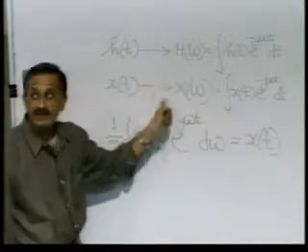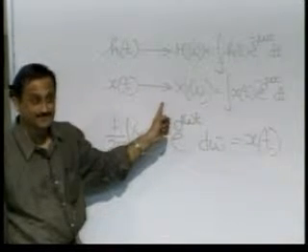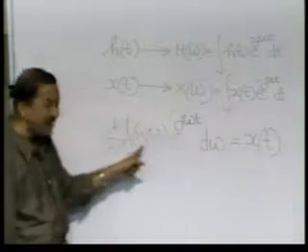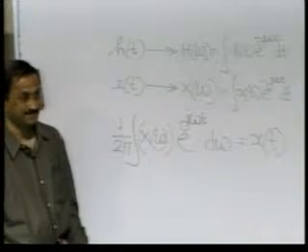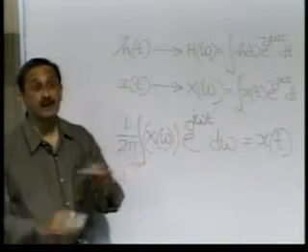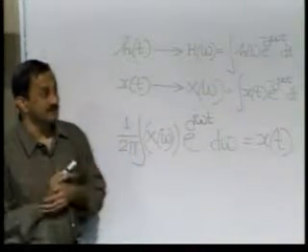The omega axis is also continuous and runs over the whole real axis. Right? What does this equation do? It takes us back from x omega to xt. Right? Again, the t and omega axis are both continuous and occupy the whole real axis, or take on all possible real values.